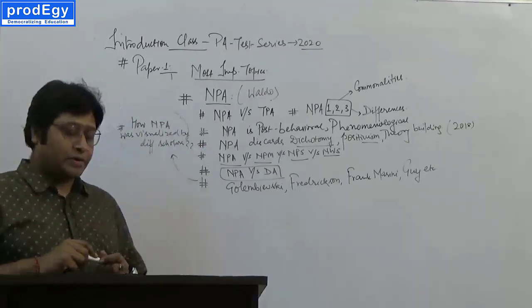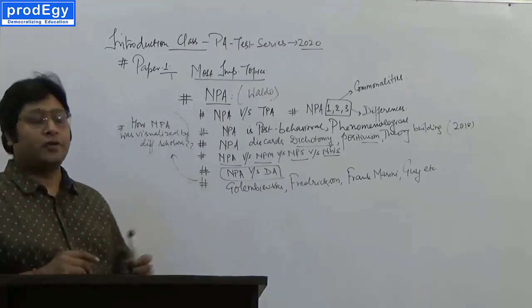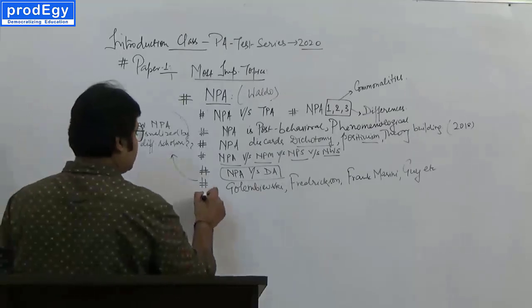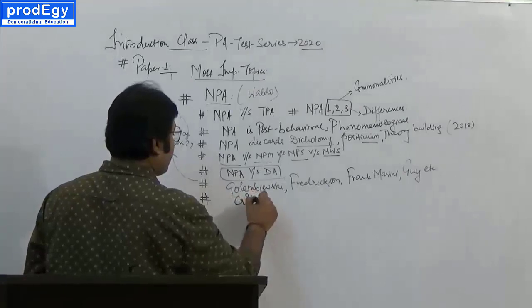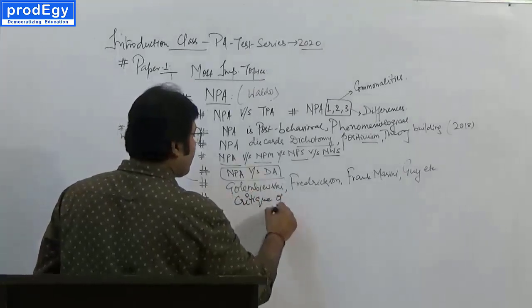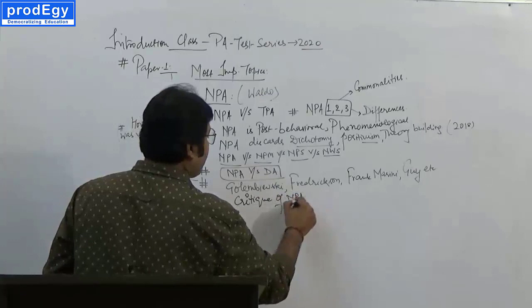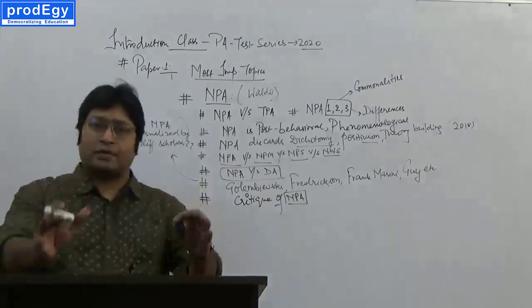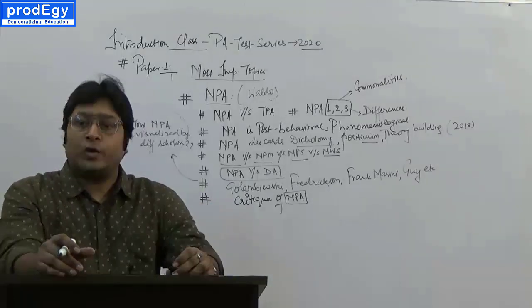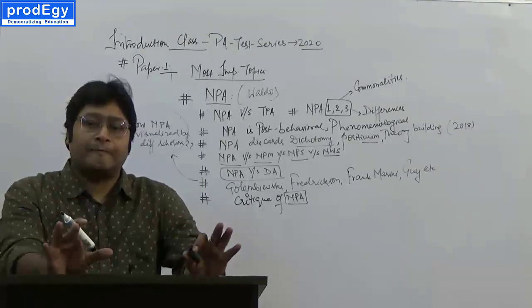So the new public administration, the critique of new public administration, that is also important. When they are using the word NPA, that means it is new public administration. It has nothing to do with 1, 2 and 3. In general, you have to write, right?